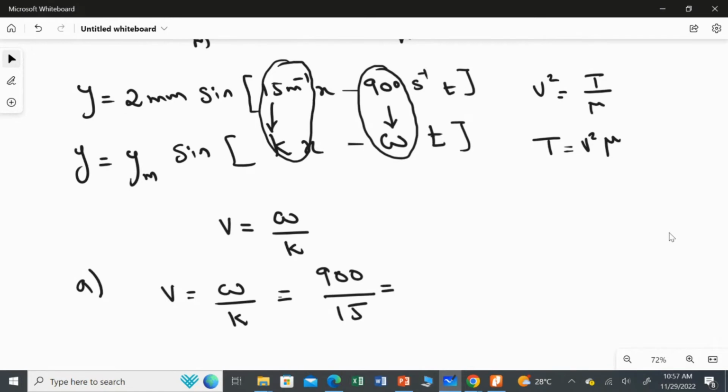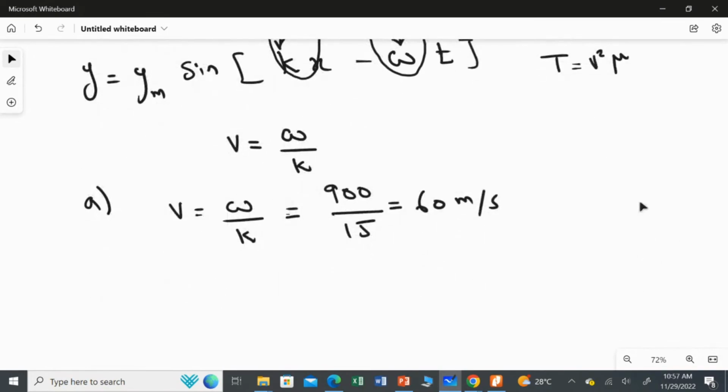Let's see the answer for the speed of the wave. I got exactly 60 meter per second. So this is the answer for the first question: v equal to 60 meter per second.